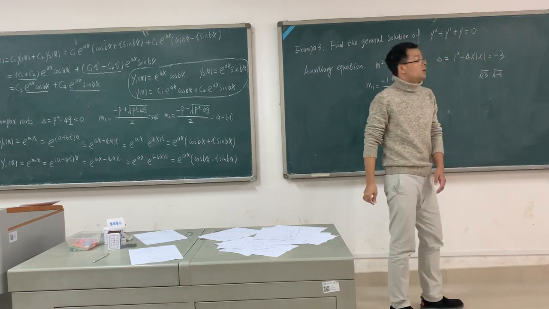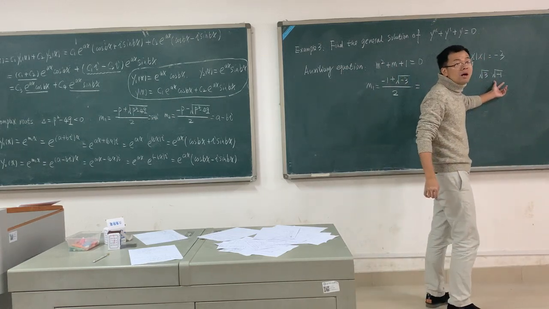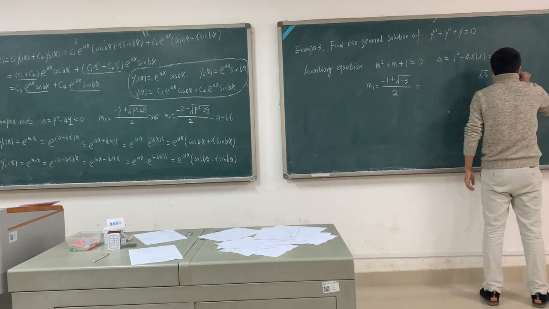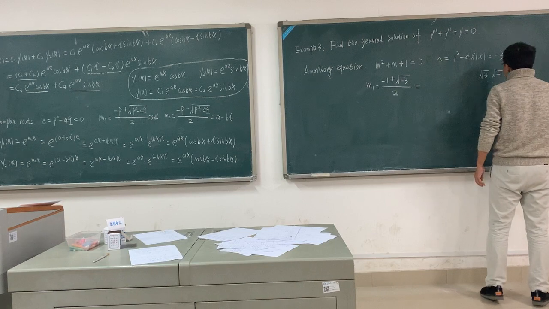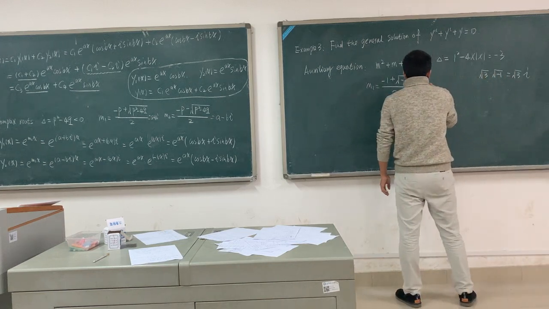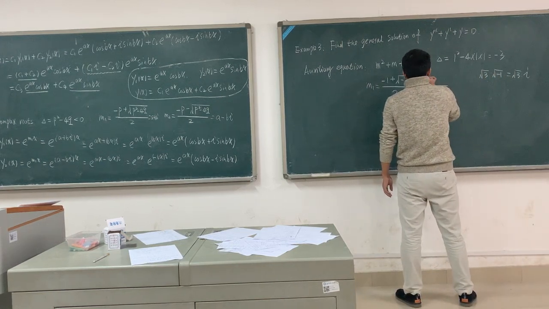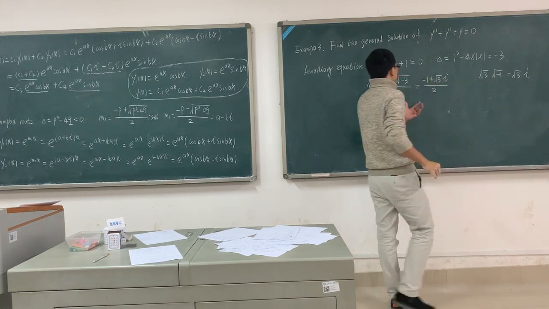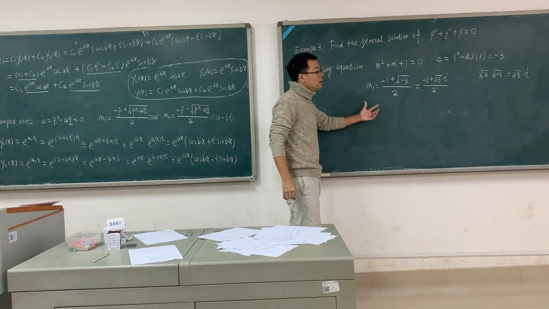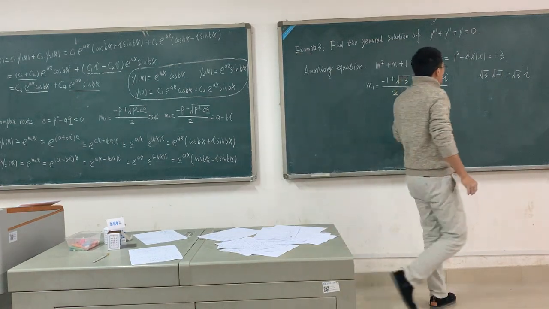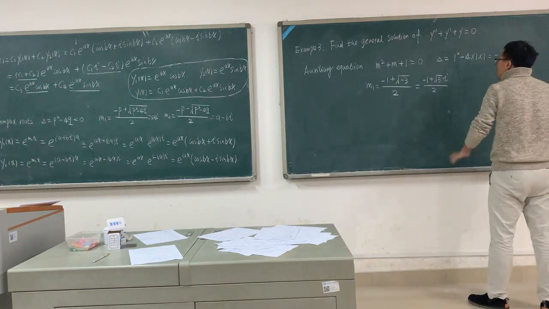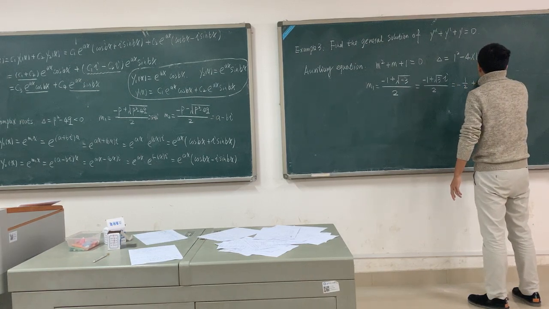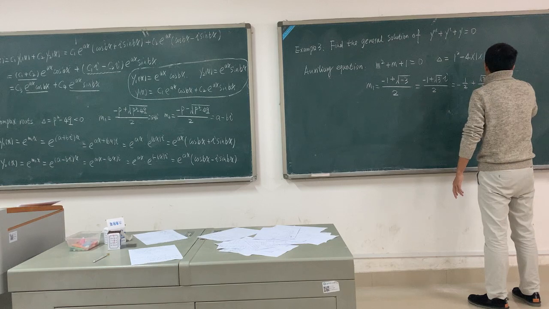Square root of minus 1 is i. So this part is the square root 3 i. So here is minus 1 plus the square root 3 i, over 2. So m1 equals minus half plus square root 3 by 2 i.